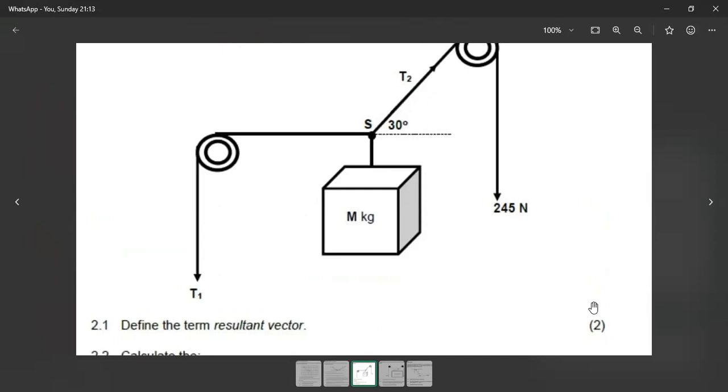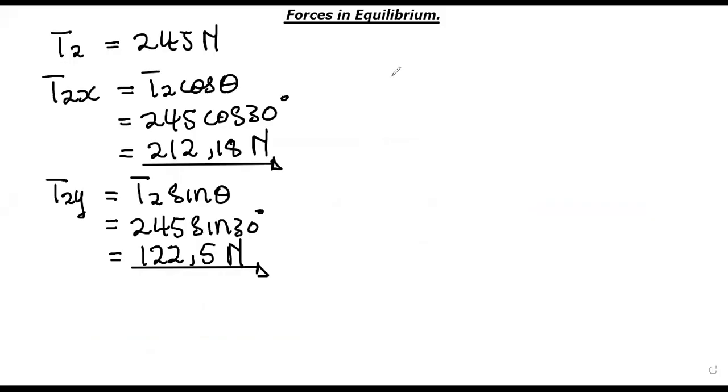Now, in order for us to find the magnitude of T1, we have to use the concept of the word stationary. We said stationary means the resultant force acting on this crate is 0. But the question is, what is this resultant force? And we need to assign direction because we are dealing with vectors. So let's say a force that goes to the right is positive.